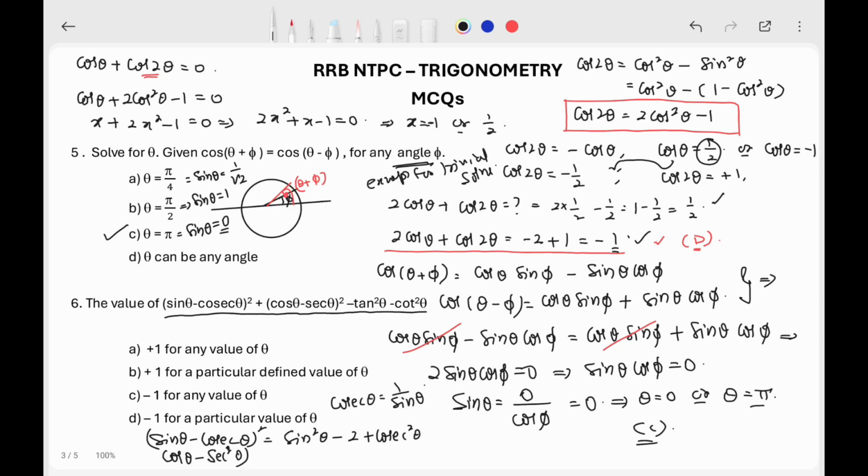Then (cos theta minus secant theta) whole square is equal to cos square theta plus secant square theta minus 2. Then, if you add the sin square and cos square terms, what happens?